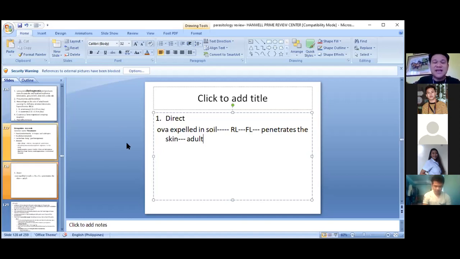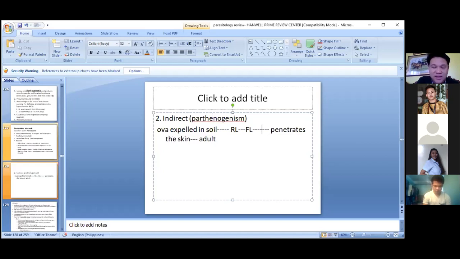Now let's have the second one, which is the indirect. I repeat, for the indirect life cycle, this is where you're going to appreciate your parthenogenesis. So where is parthenogenesis? Isang pinahabang kwento ng direct life cycle lang to. Now, what is that? Ova is expelled in the soil, it becomes rhabditiform, it becomes filariform.